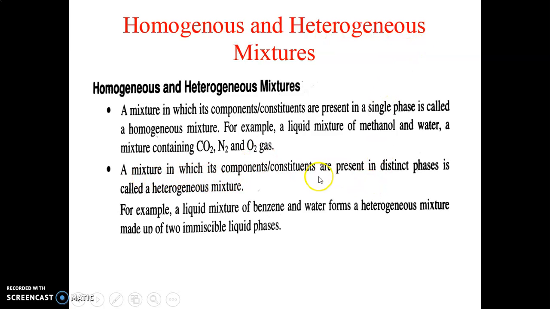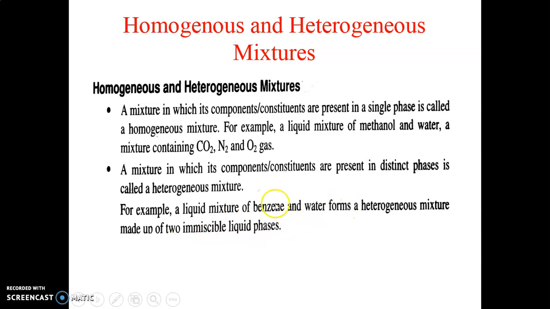Then there is another type that is known as heterogeneous mixtures. In these mixtures, the components are present in distinct or separate phases. For example, if we take a liquid mixture of benzene and water, it will form a heterogeneous mixture, because these two are immiscible liquid phases.